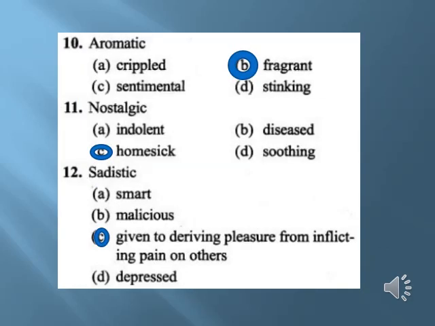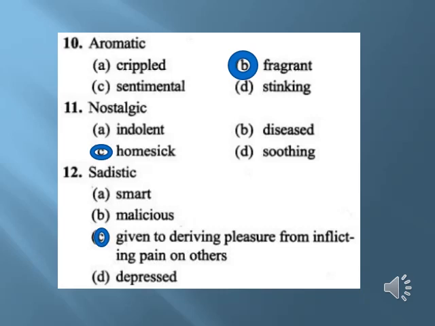Aromatic. What is the right answer here? You are familiar with the word aroma. So here something that gives fragrance. Aromatic. What gives aroma? So the right option will be fragrant. Let's go to the next word, nostalgic.